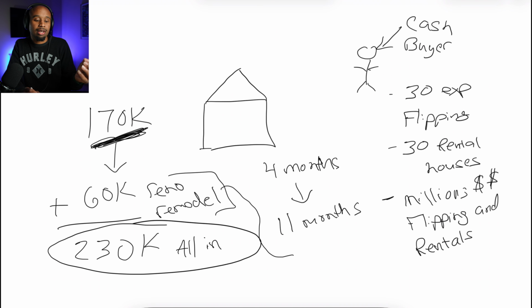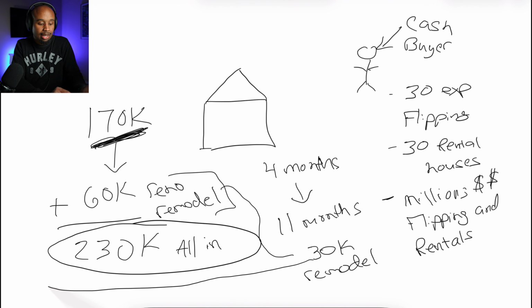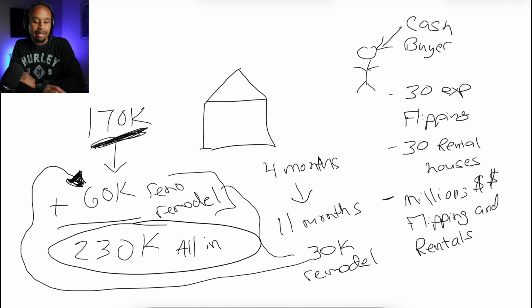No new cabinets. It had everything in it that would make it livable, but it just wasn't pretty. So he thought he was just going to do some paint and some cosmetic work. So he thought it was going to take him about 30K to remodel the house. But as you can see, it actually cost him 60,000 to remodel this house, because when his contractors got in the house, they found all sorts of problems.